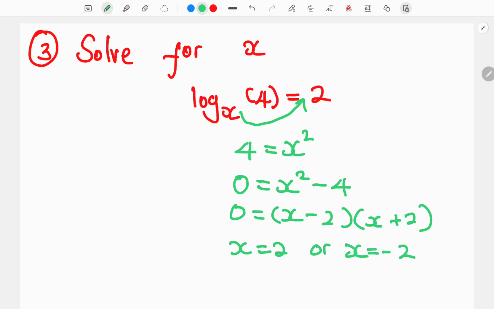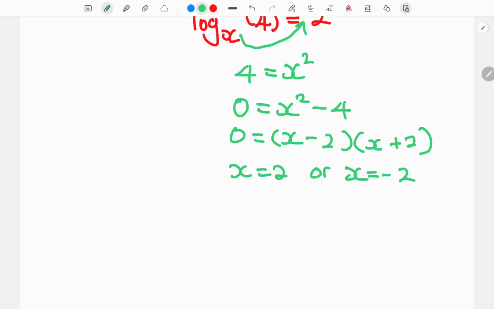There are so many ways to do this. One other way, if you have 4 equals x squared, is to take the square root of both sides, so you have plus or minus the square root of 4. Then x is plus or minus 2. So that's another way to solve this.